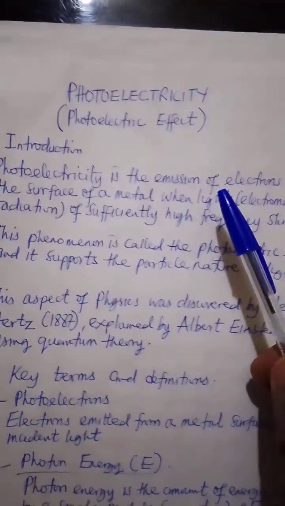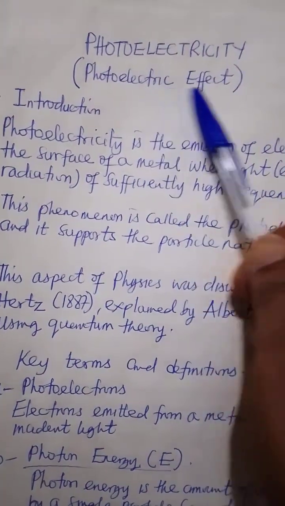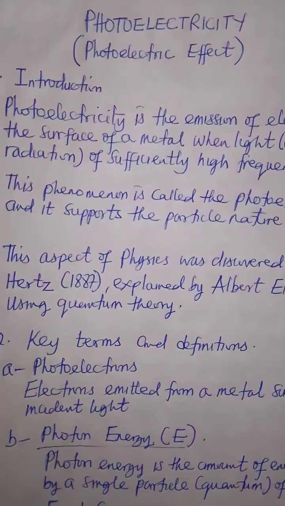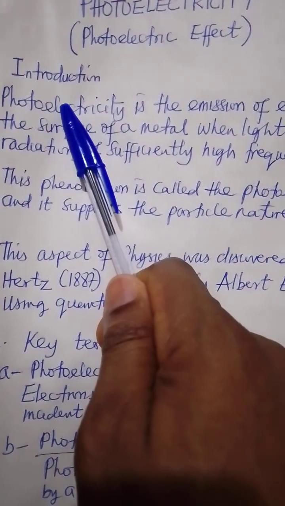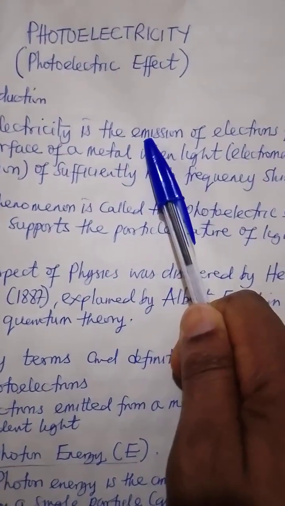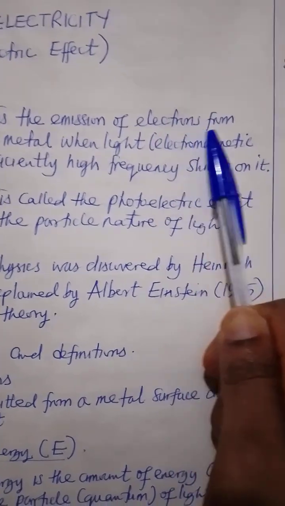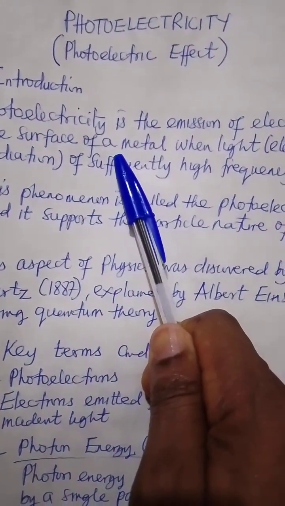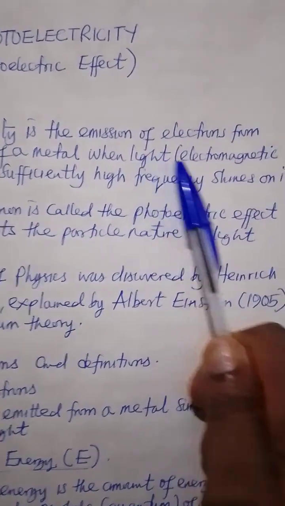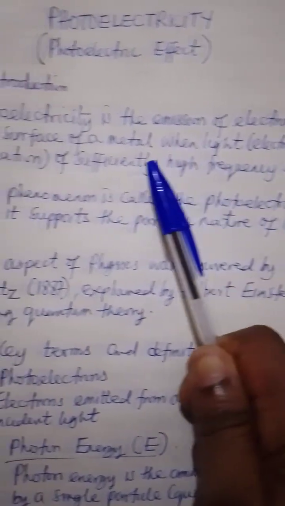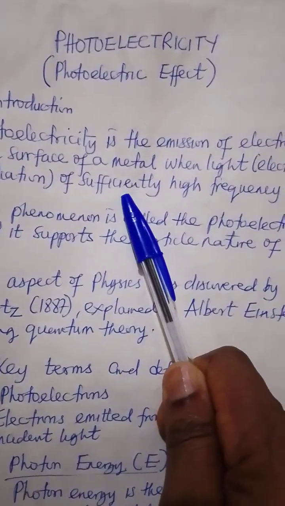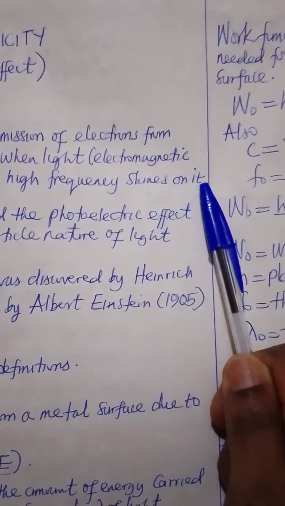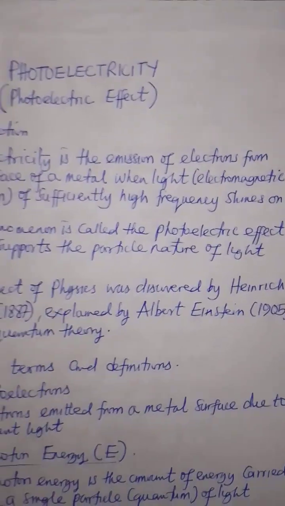This effect is referred to as photoelectricity. What then is photoelectricity? Photoelectricity is the emission of electrons from the surface of a metal when light, that is electromagnetic radiation of sufficiently high frequency, shines on it, that is on the metal.